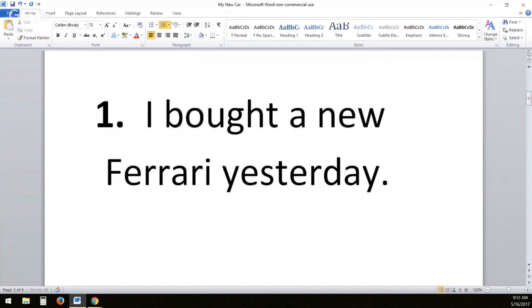I bought a new Ferrari yesterday. Very cool. Do you think this is true? Probably not. But in any case, this is our first quick mistake, adding an article. Let's go to sentence number 2.